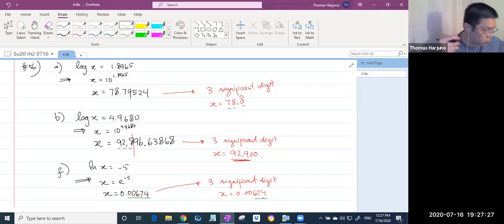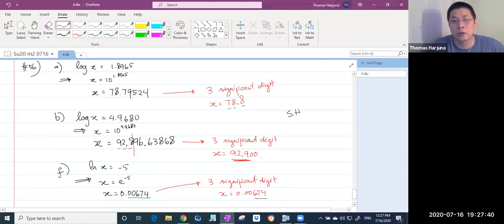Your suggested homework will be, I think yesterday I asked you to do some problems from here already. I don't remember. But let me ask you to continue the suggested homework from here. Suggested homework from this 4.4b is number 21 to number 61.